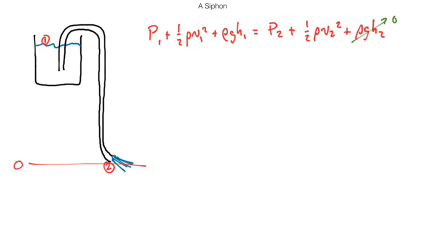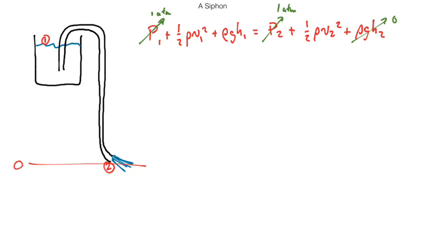What is the pressure on the fluid at point number 1? Atmospheric pressure. The pressures at point 1 and 2 are the same. I mean, there's a little bit of height difference, but in terms of the atmosphere, it's not going to make any difference, right? So the pressure at point 1 is 1 atmosphere. The pressure at point 2 is 1 atmosphere, and I'm crossing them out. Why am I crossing them out? They cancel each other out, right? They're the same on both sides.